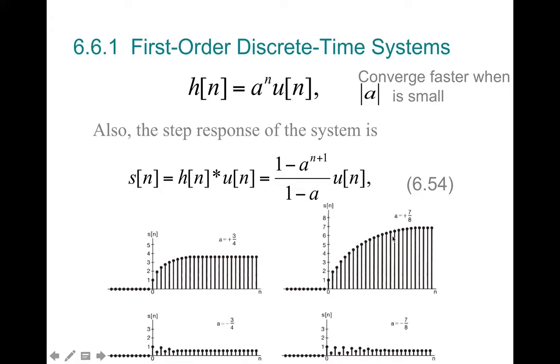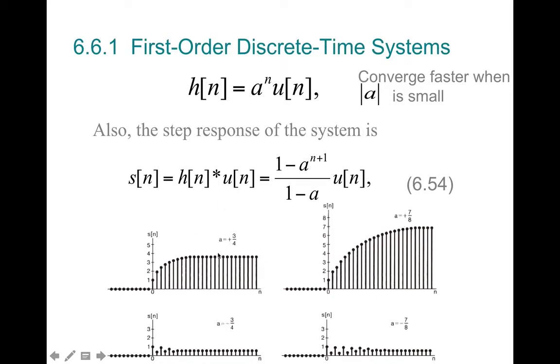And when a is 7 divided by 8, then the final value is 1 divided by 1 minus a, which is 1 divided by 1/8, and that is 8. So this step response will keep on increasing all the way, converging to close to 8.